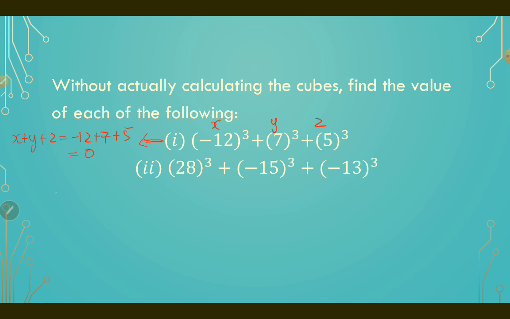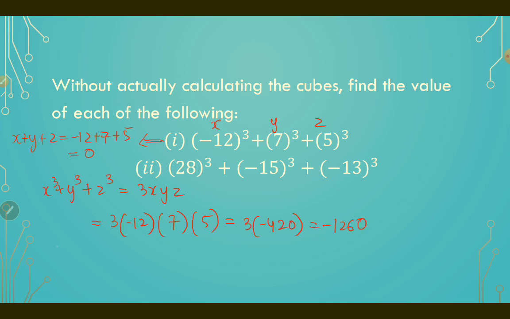So when x + y + z = 0, then x³ + y³ + z³ is nothing but 3xyz. So the answer is 3 into x, that is −12, y, that is 7, and z, that is 5, which is nothing but 3 into −420, which is −1260.